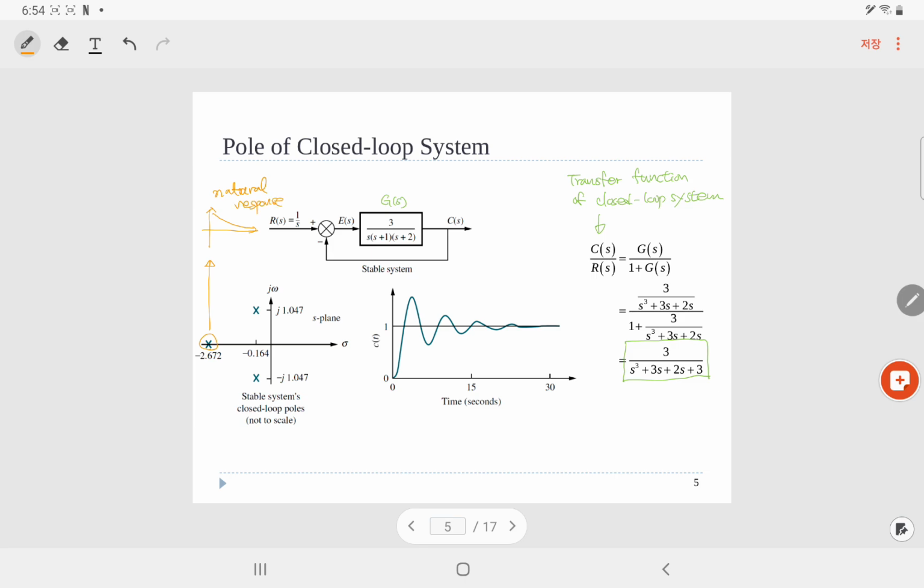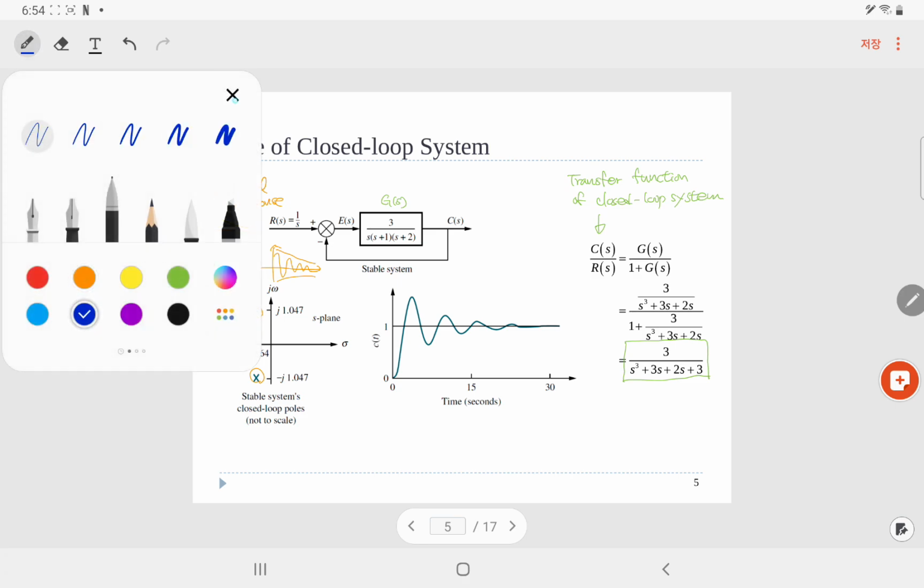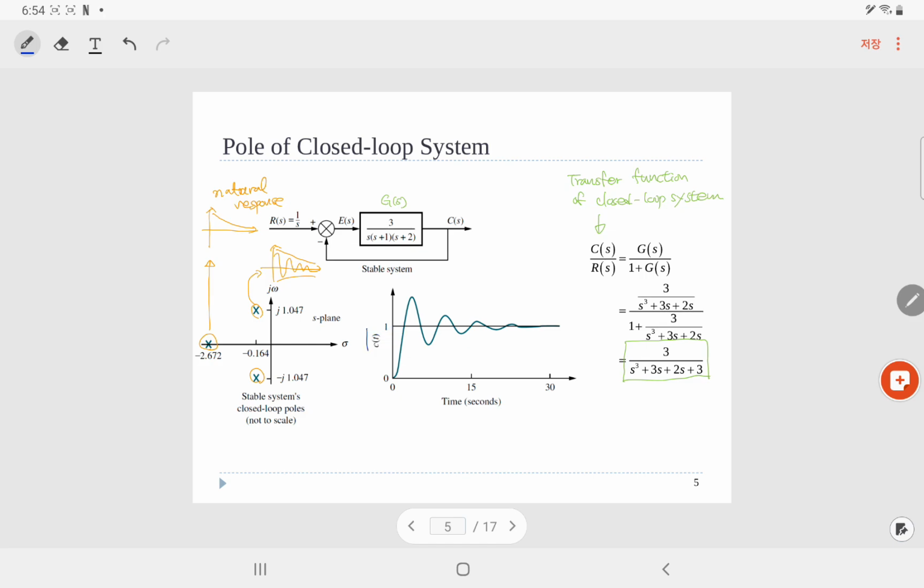On the other hand, these two poles have imaginary parts, so they will produce a damped natural response, but it will show oscillatory motion. So the total response, C of t, is composed of C_f, the forced response, plus C_n, the natural response.